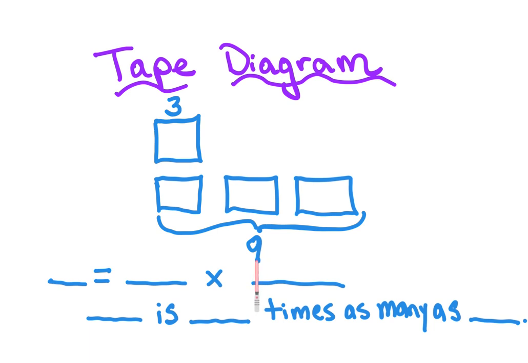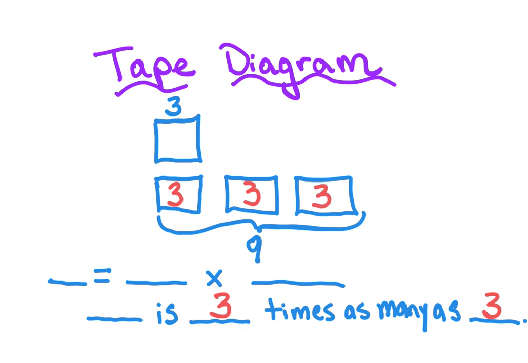So again, we're going to be looking for that multiplicative comparison. How many more does this one have than that top one? We can say 3 times as many as 3, because each one of these boxes represents 3.